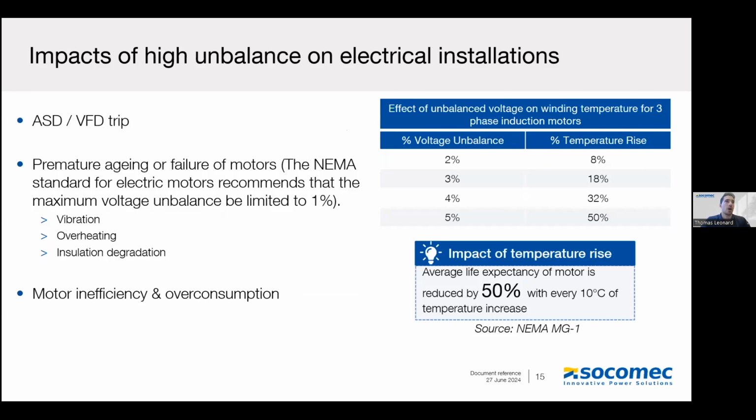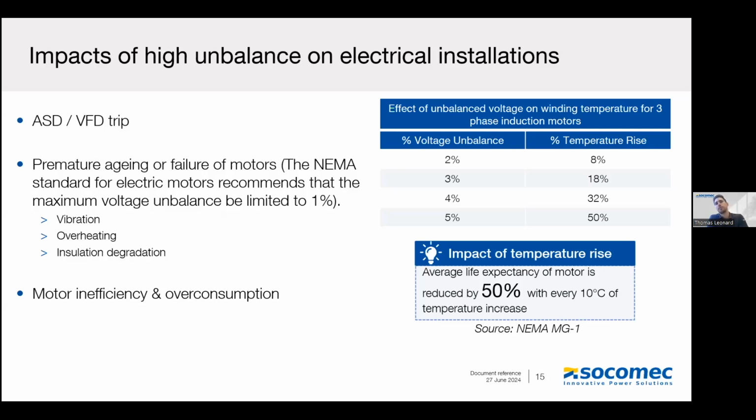An imbalance will cause VFDs to trip. It will cause premature aging, potential damage to motors, vibration, overheating, degradation of insulation, and inefficiency, overconsumption of equipment, such as motors, for example.